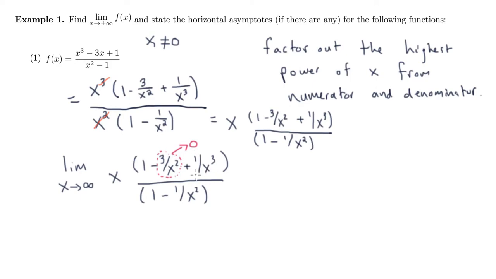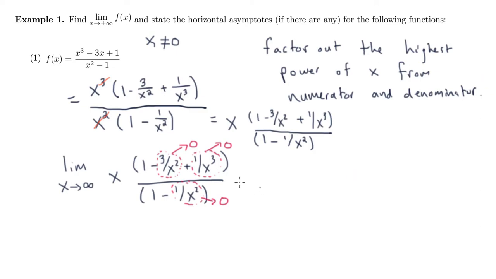This was that fact that we stated, that the reciprocal of a positive power of x as x goes to infinity is always going to go to 0. So look at how many terms are going to go to 0 here. That's going to go to 0. This is going to go to 0 in the limit. And so all I'm left with is 1 over 1 times x.